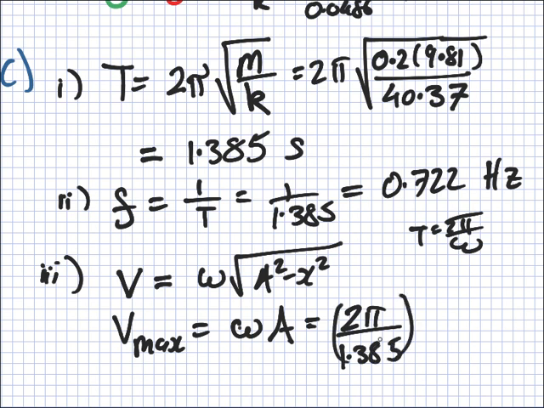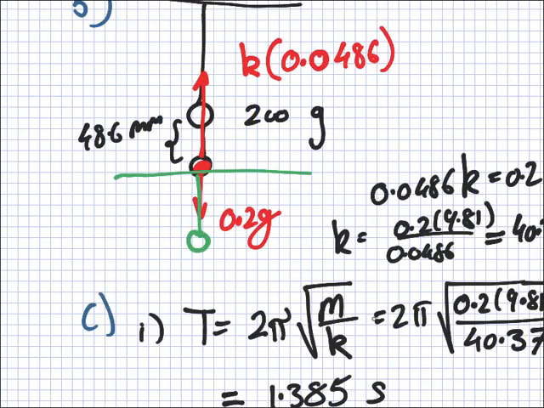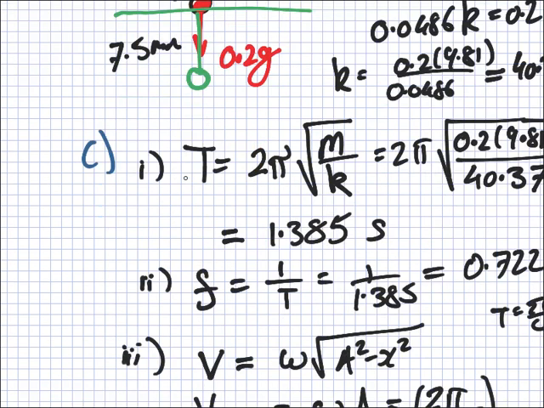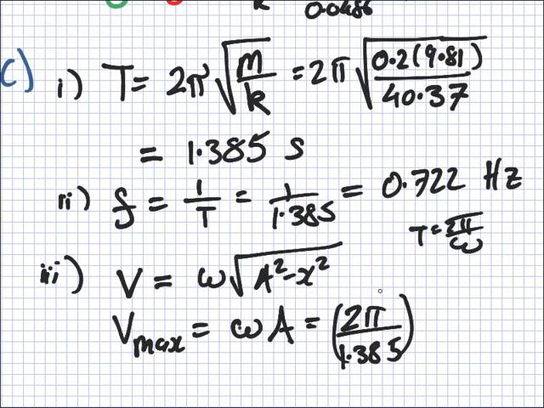Do we know the amplitude? It says it in part C at the beginning. I didn't draw it in. Here, the boy pulls it down a distance of 7.5 millimeters. That's the amplitude. So here we have to multiply this by 7.5 times 10 to the minus 3.